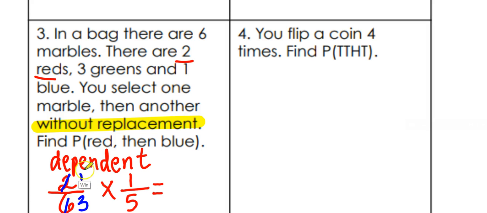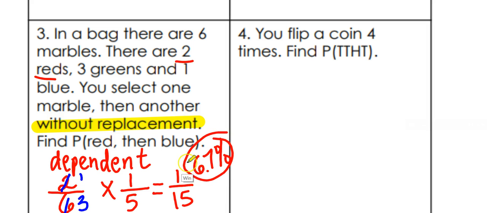So I'm going to multiply these together. 1 times 1 is 1. 3 times 5 is 15. So I have a 1 out of 15 chance. And 1 divided by 15 is going to be rounded to 6.7%. Both answers should be on your paper.